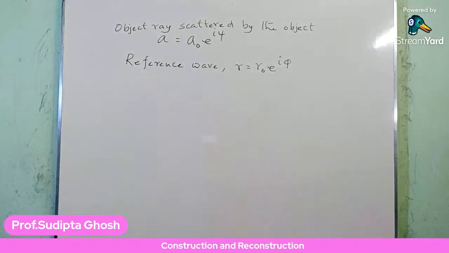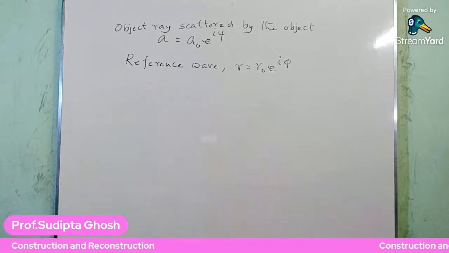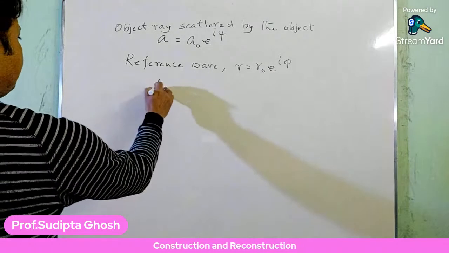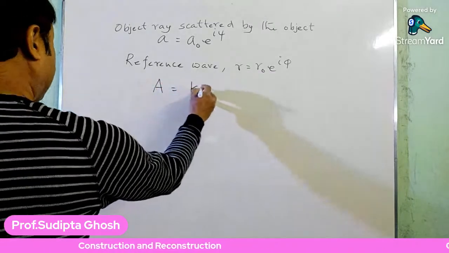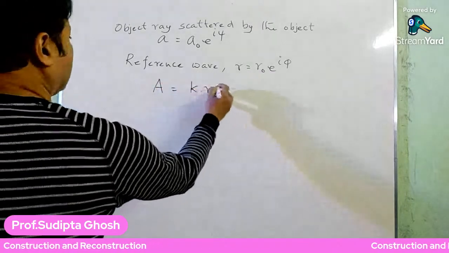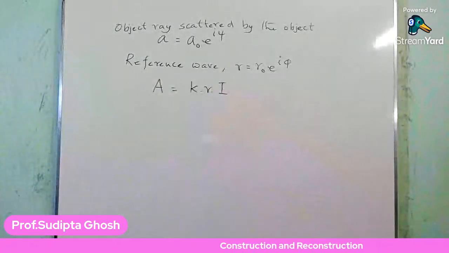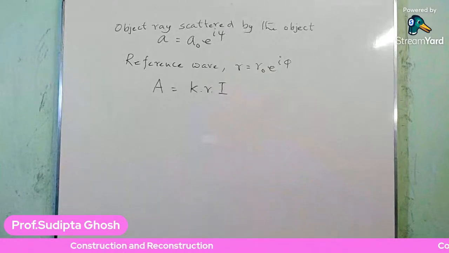If the original reference beam is used to illuminate the hologram, then the complex amplitude of light just after passing the hologram is capital A, that equals K into small r into capital I. Here K is a constant of proportionality.